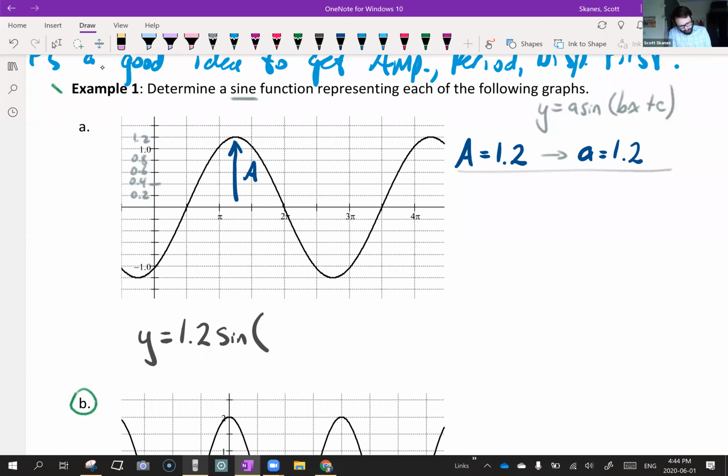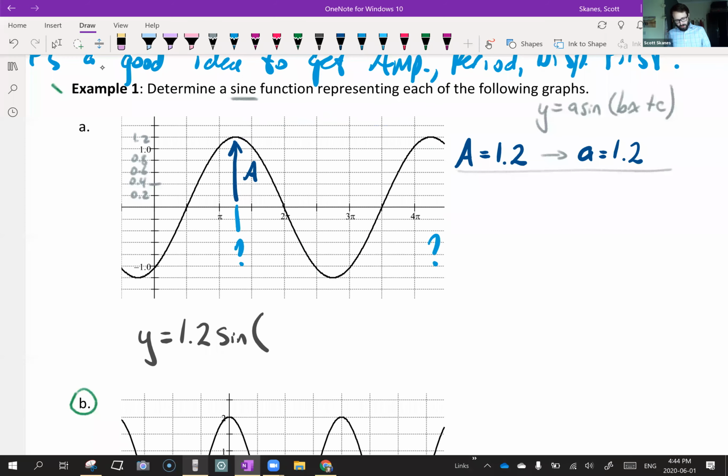For example, I wouldn't write this down yet. Let's just say I wrote down a point there and a point there. That is the distance from one cycle to the start of the other cycle. So the cycle here starts here, goes down, comes back up, and starts again. That's our period. But that's not easy to figure out because, you know, what is this value? And what is this value?